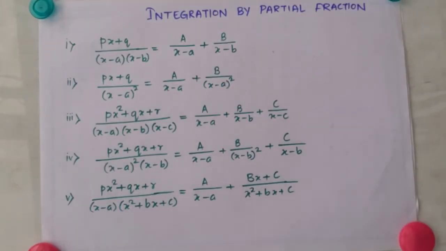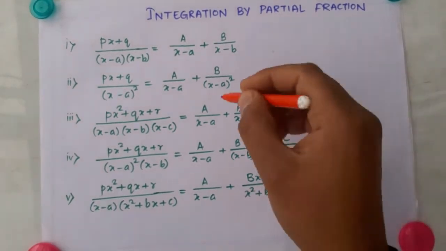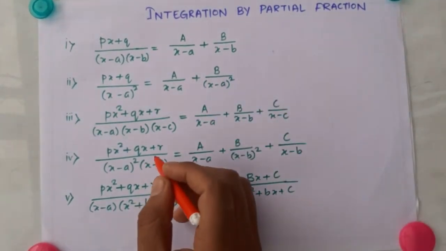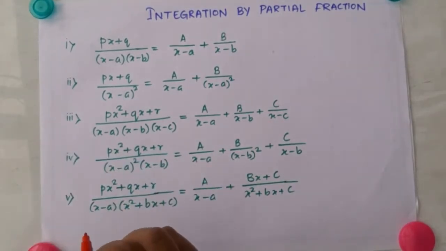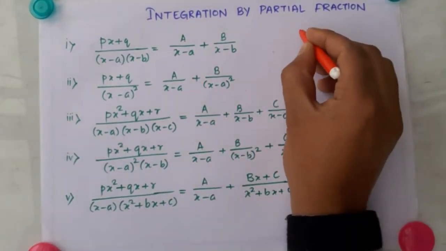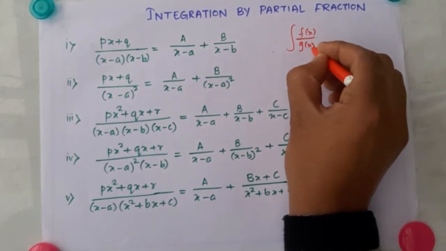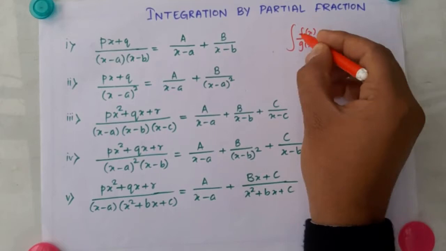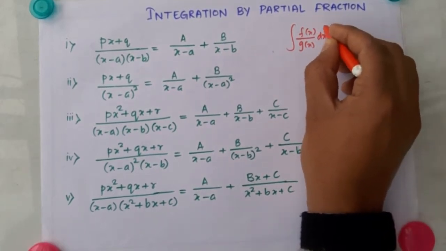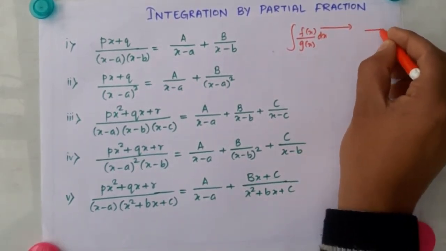Now after dividing the numerator, you might wonder what happens after division. After division you will get fractions. So you had earlier f(x) by g(x) dx. Now let me assume that after division you will get a fraction.